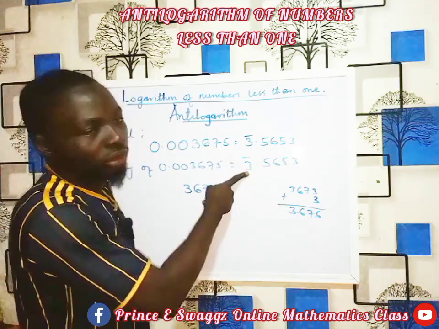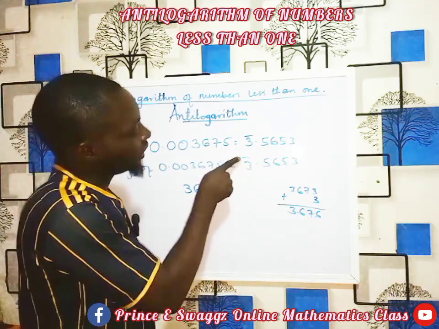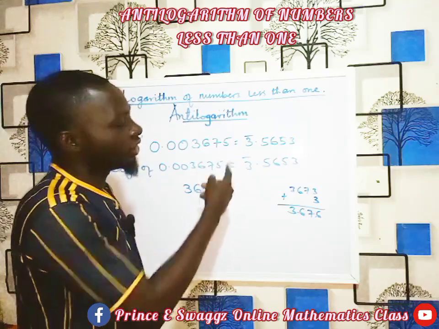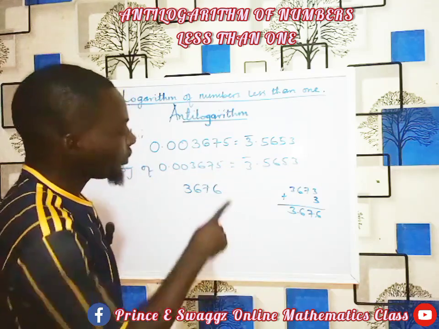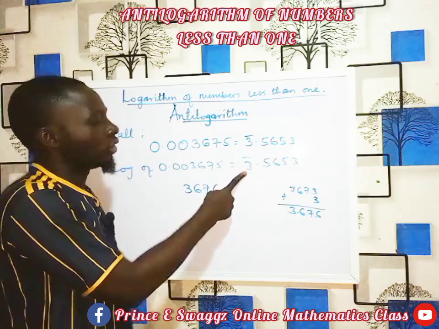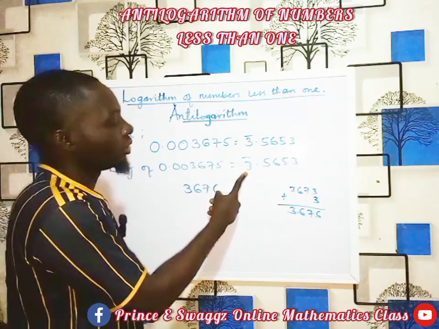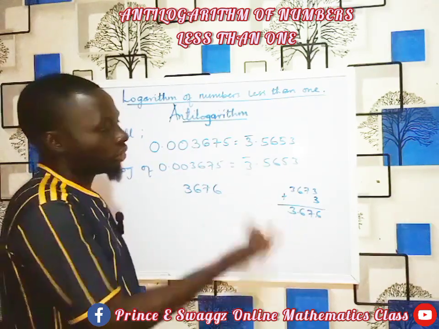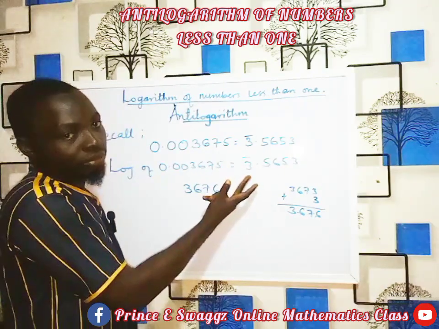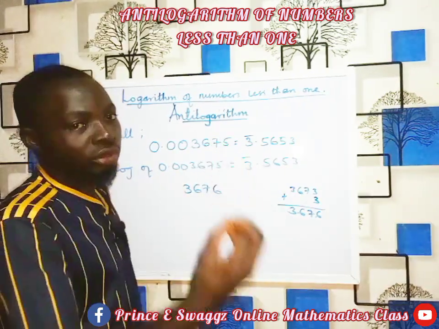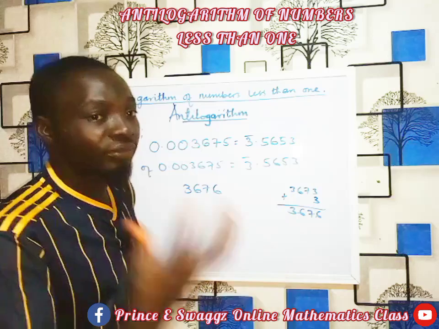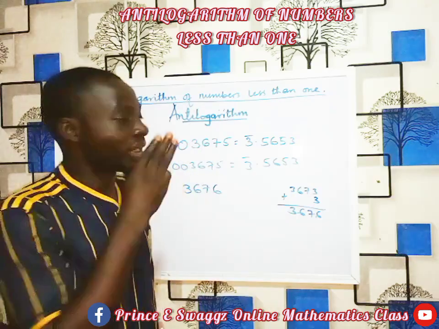So now, what you need to do is to know where your decimal point should be. That is why you now need your integer. The integer here is negative. So once the integer is negative, you need to add 3 zeros, because this is bar 3. Having 3 zeros gives us bar 3.